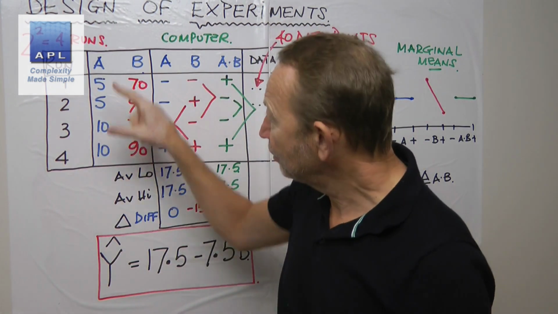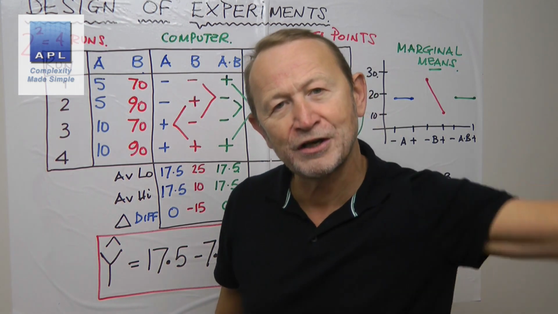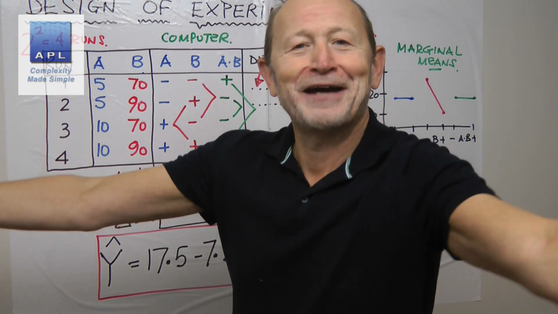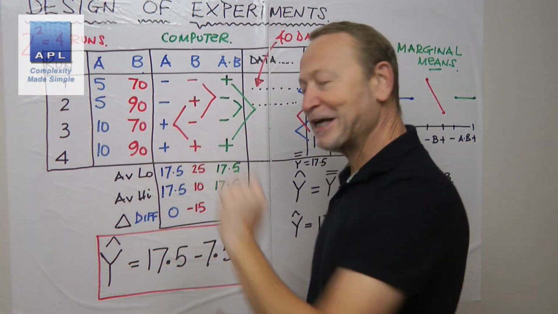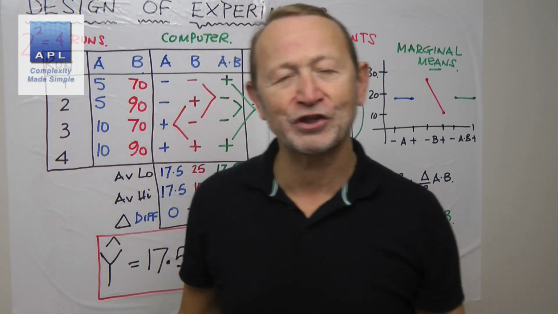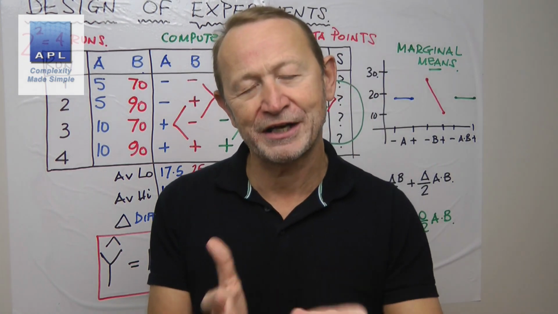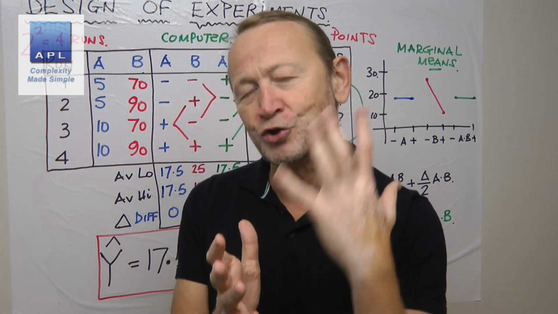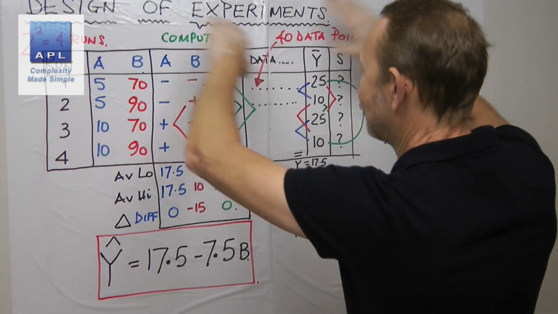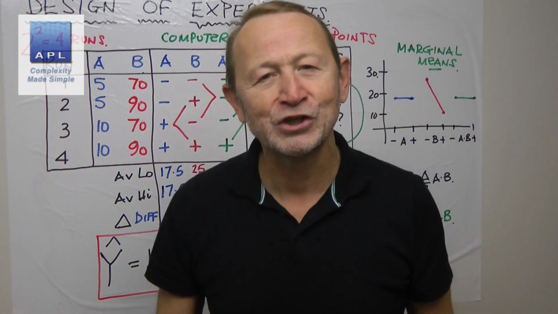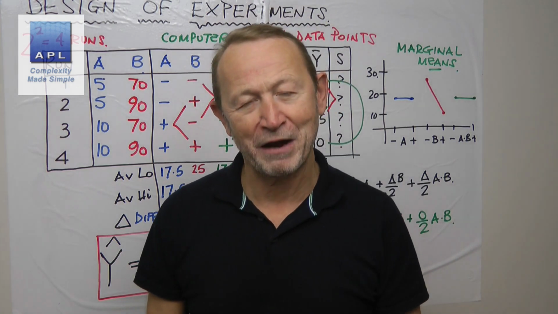What did we learn? 5 to 10 makes no difference. Process goes to 5 and we make more money. Fantastic knowledge. And then you can make the quality or the target that the customer asks you to hit by just tuning the temperature to the right value. That's the knowledge that's come out of that simple 2 to the 2 experiment.